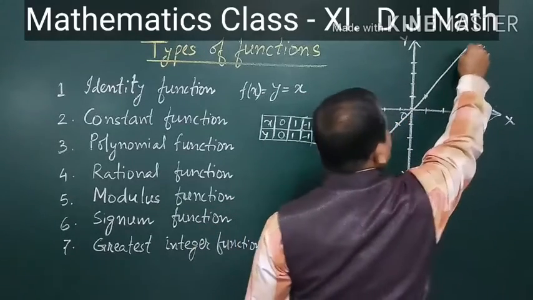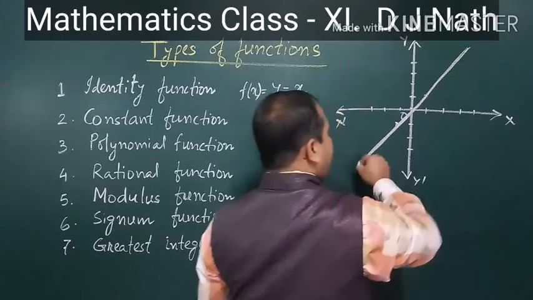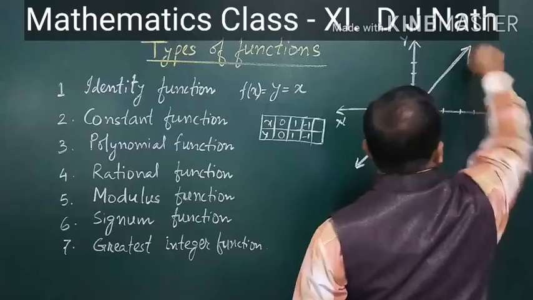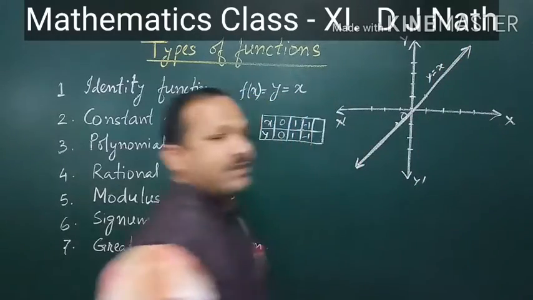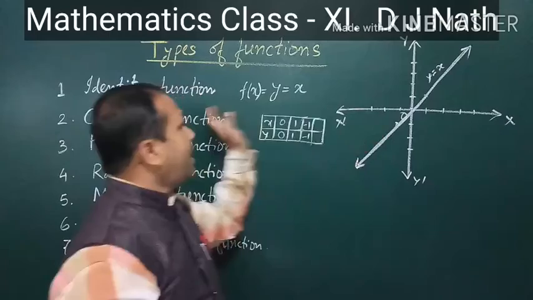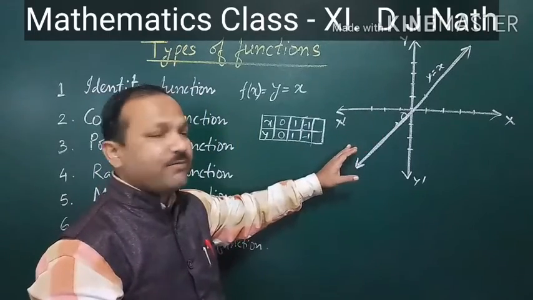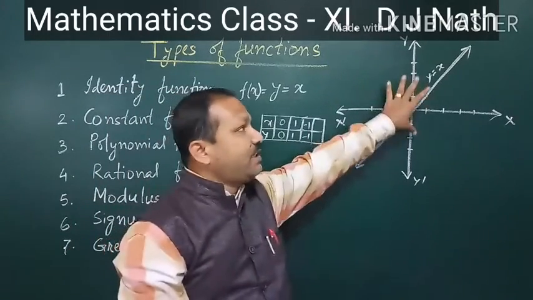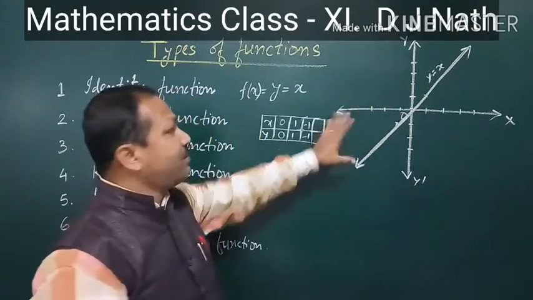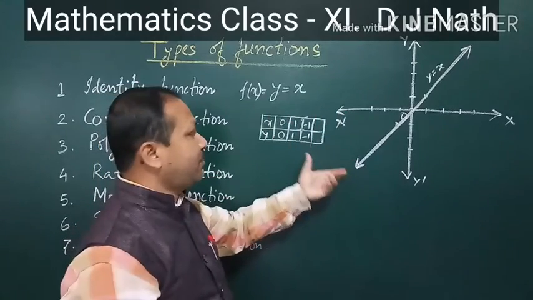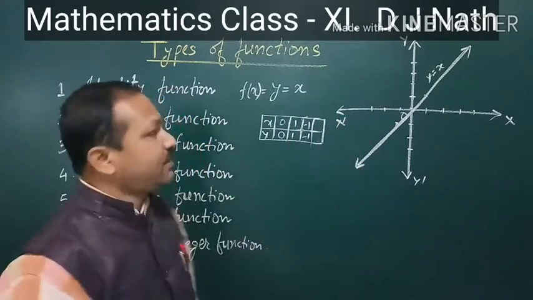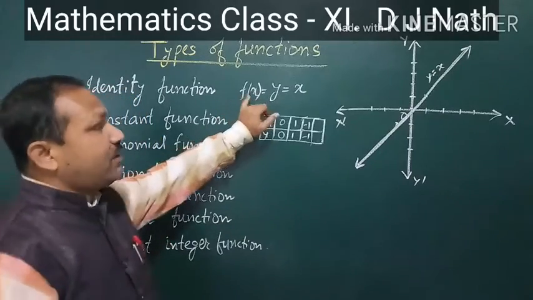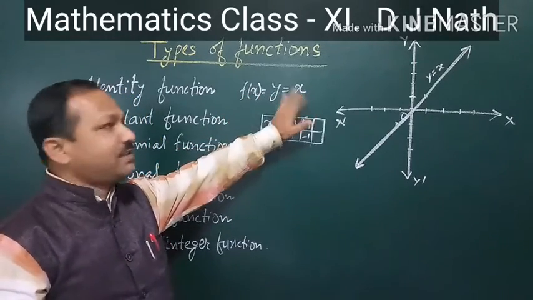That line is y is equal to x, the identity function, f of x equal to x. We should remember the graphs, so that by seeing the graph itself we are able to tell which type of function it is. So this is called the identity function, f of x is equal to x.